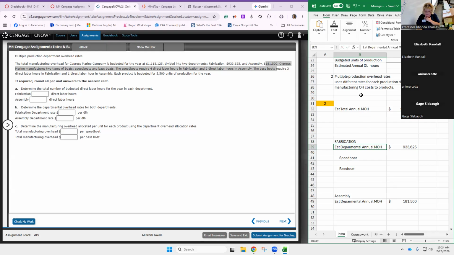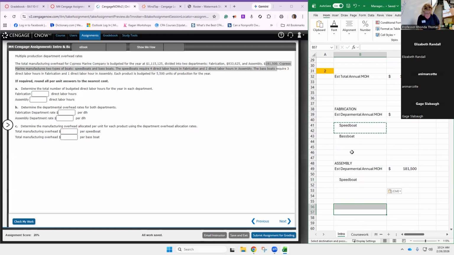I'll make that a capital, and I'll make assembly all in caps too, because those are the departments. Then we're going to use speedboat and bass boat under assembly as well.